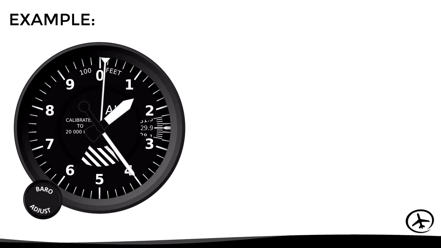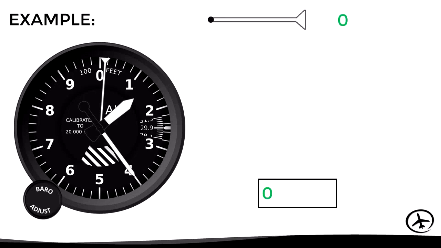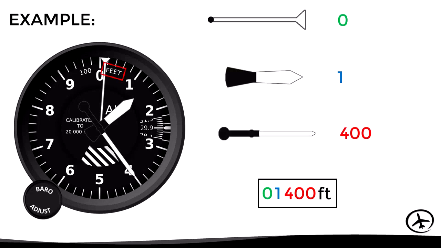In this case, the triangular needle is between 0 and 1, therefore it indicates that the aircraft is between 0 and 10,000 feet. Then, the short needle is between 1 and 2, which means that the aircraft is above 1,000 but below 2,000 feet. And finally, the long needle is pointing number 4, which represents 400 feet. So with this, the altimeter reading is 1,400 feet.